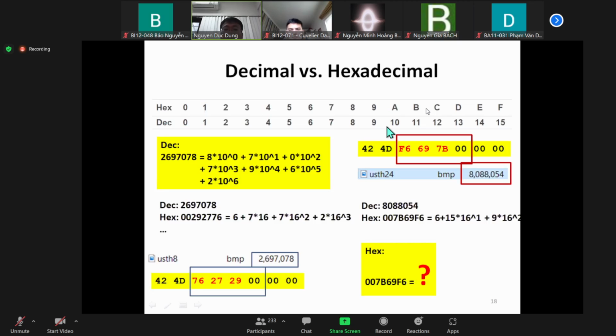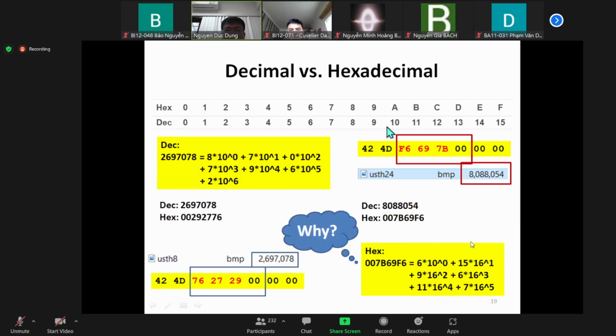You could Google it or find the answer for that question. I would like to move to the next part, which I have prepared in the next slide. The question is: why do we use the hexadecimal numbering system?